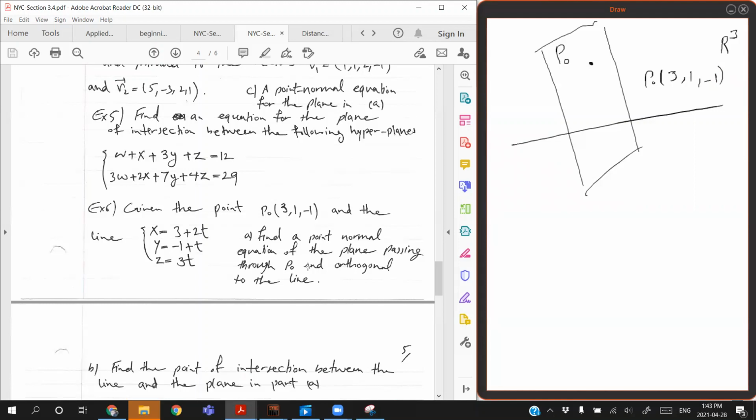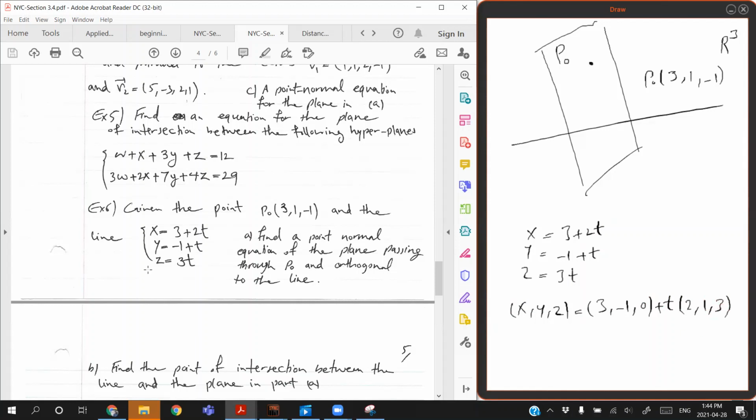What we can use is the line. Just by looking at this line, I can tell that if I have x, y, z, and x is 3 plus 2t, and y is -1 plus t, and z is 3t, that means x, y, z is equal to 3, -1, 0, plus t times 2, 1, 3.